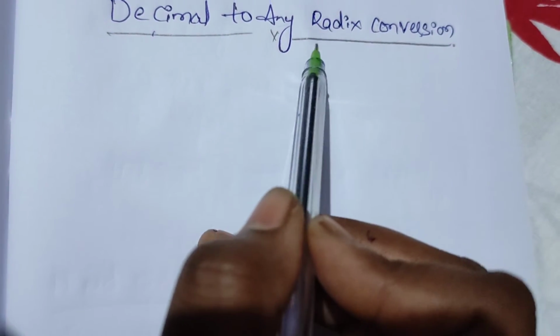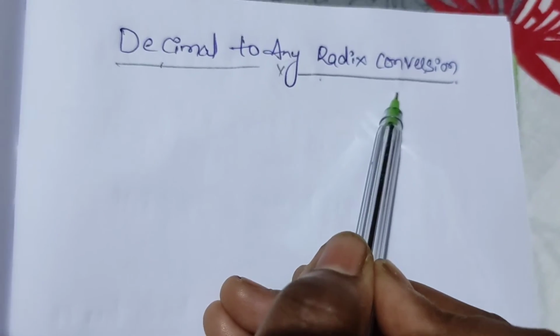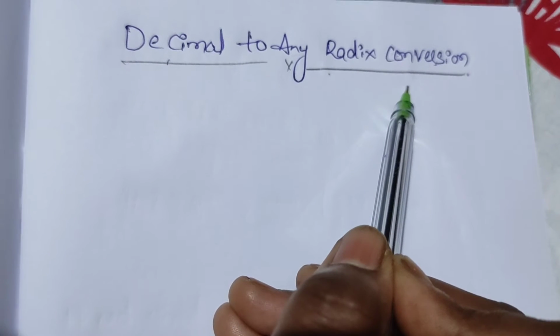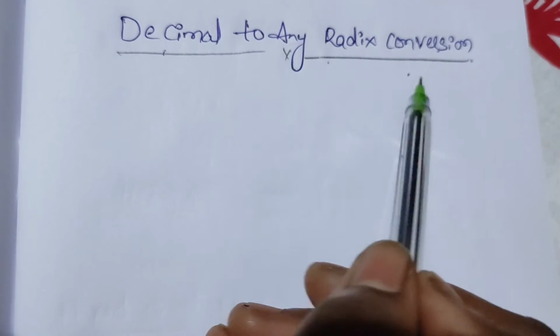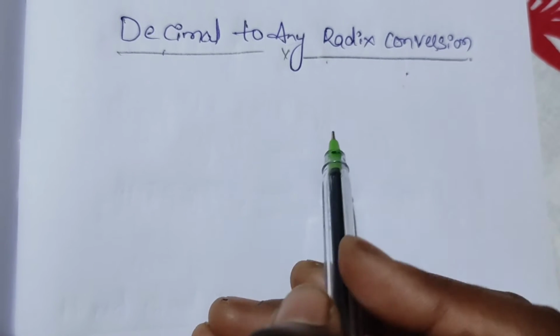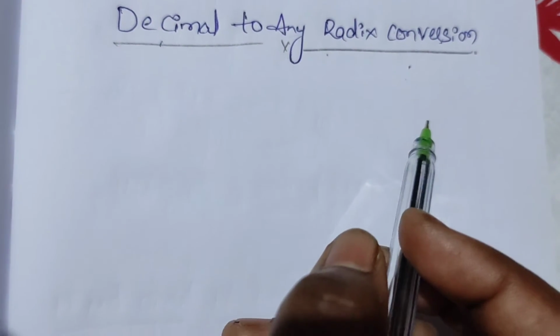Decimal to any radix conversion. So decimal, which is of base 10, to binary conversion, or octal conversion, or hexadecimal conversion, we will see in detail.